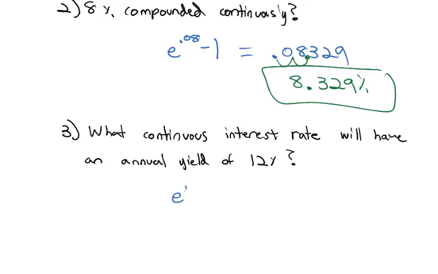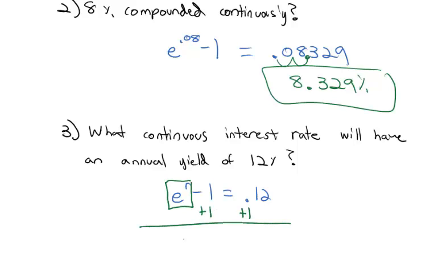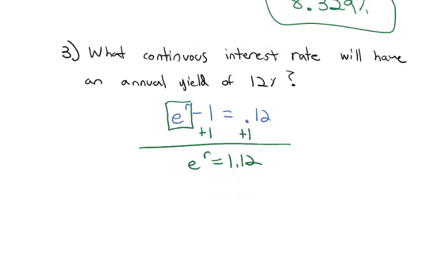In other words, e to the r minus 1 is going to equal 12%, or 0.12. Well, first we need to solve for the part with the exponent. We get that alone by adding 1 to both sides. So e to the r equals 1.12.